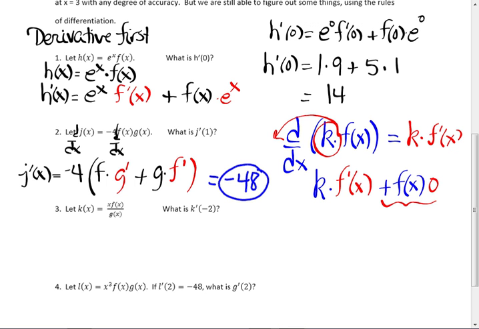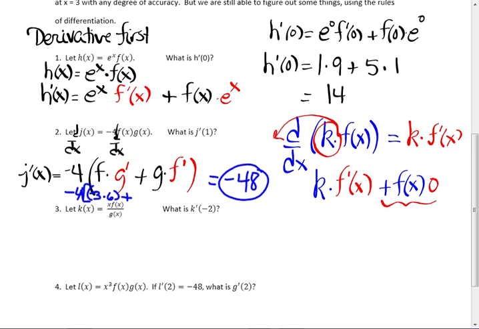Okay, so this is negative 4. F is what? That's negative 3? I'm going to trust you. It's 3. What's g prime? Plus. Remember, it's negative 4 times that. What's g?